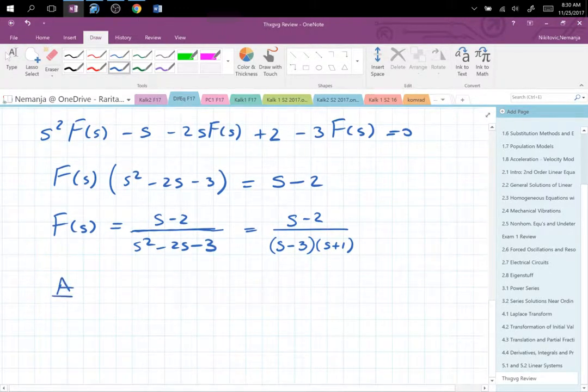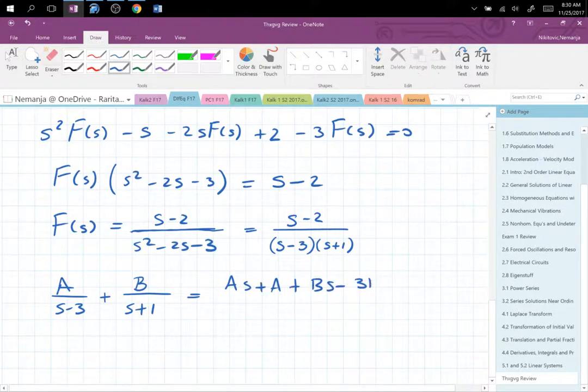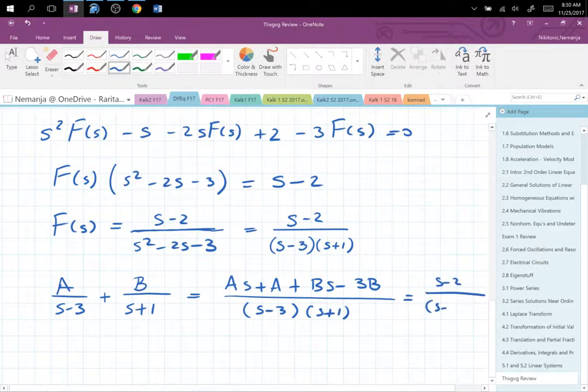So we have A over s minus 3 plus B over s plus 1, which will give us As plus A plus Bs minus 3B divided by s minus 3 times s plus 1, and that needs to equal s minus 2 over s minus 3 times s plus 1.